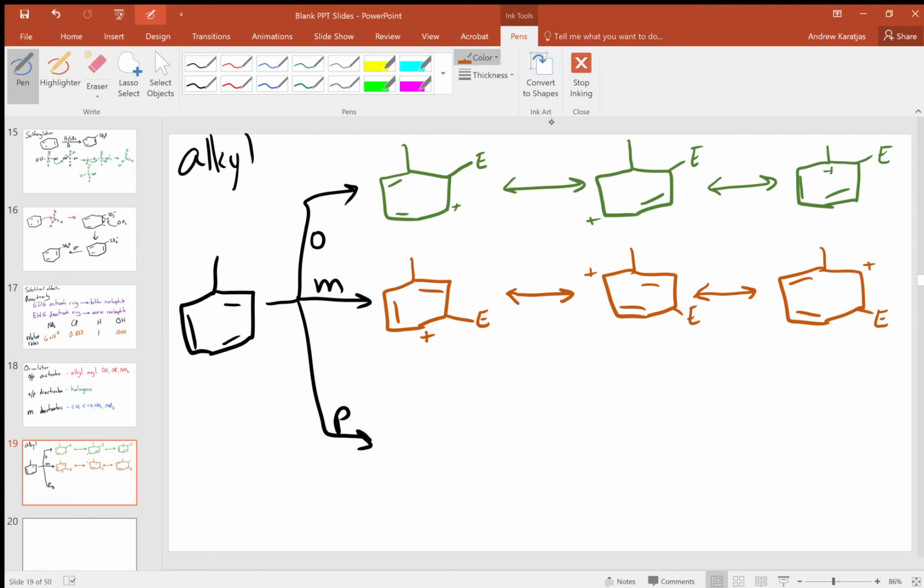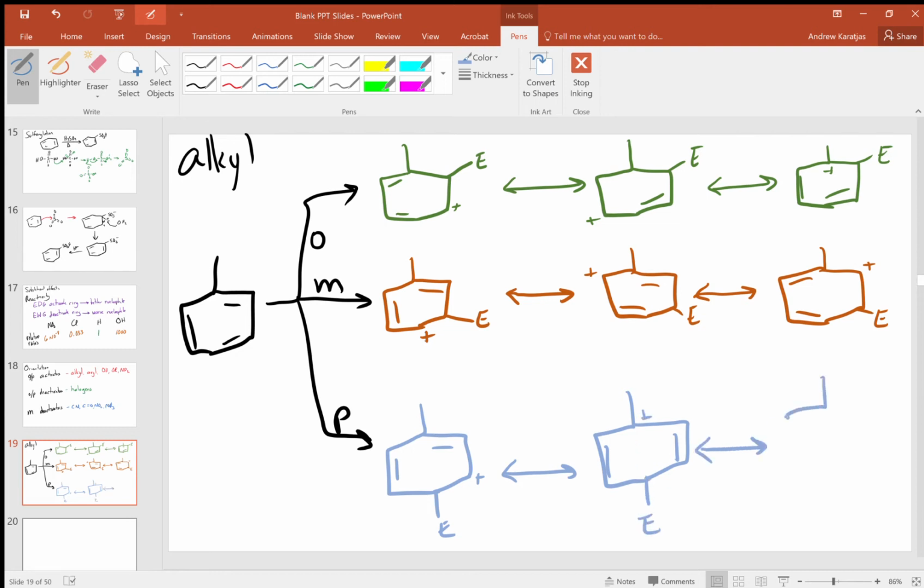And what about for para? And you may notice that the para ones actually have a fair amount of similarity to the ortho ones. All right, so there we have it.